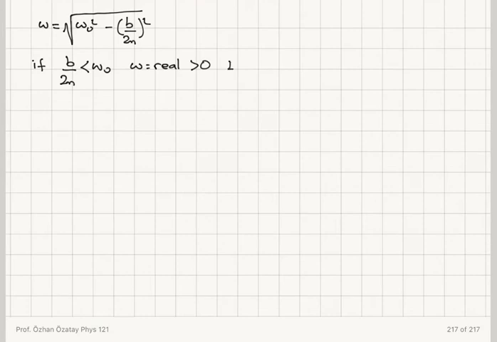Then we say that the system is underdamped. So the damping coefficient is too low. The system is underdamped.